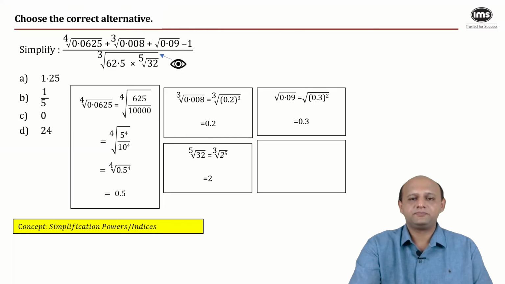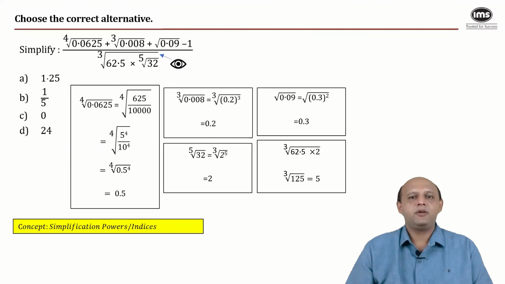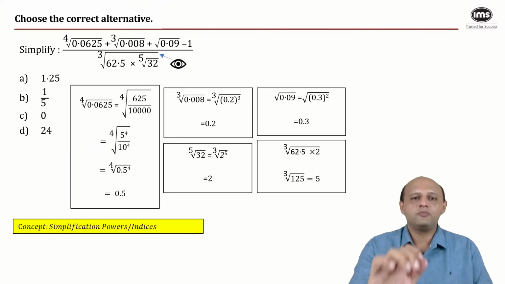So therefore, it would be 62.5 into 2, which is 125. And the cube root of 125 is 5. Otherwise, if you get stuck at that point, you might tend to think about the cube root of 62.5. That's where one might take more time if you don't observe them.